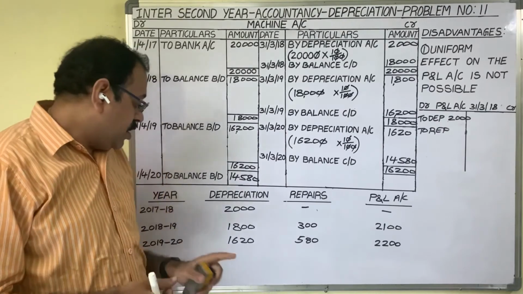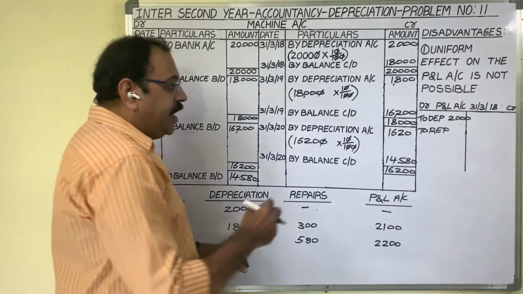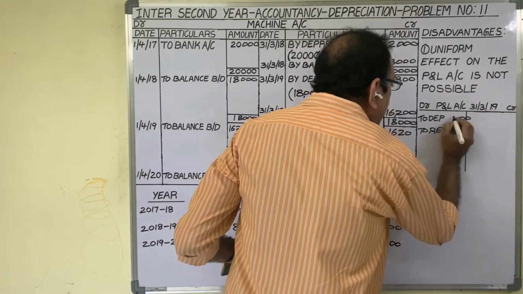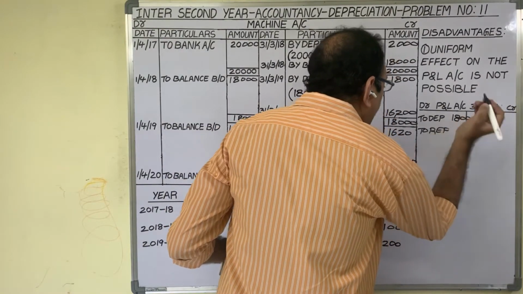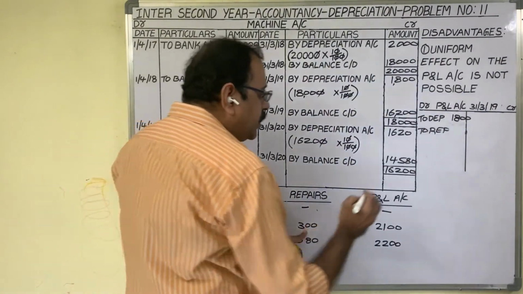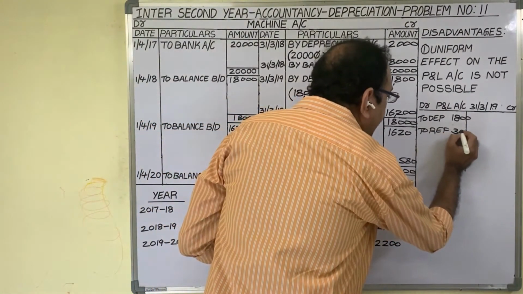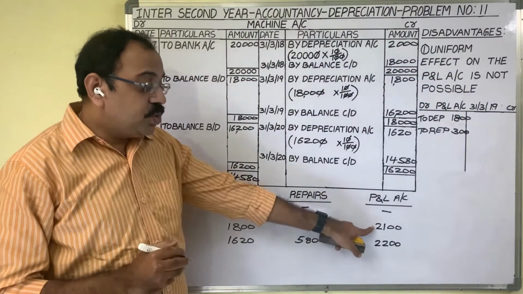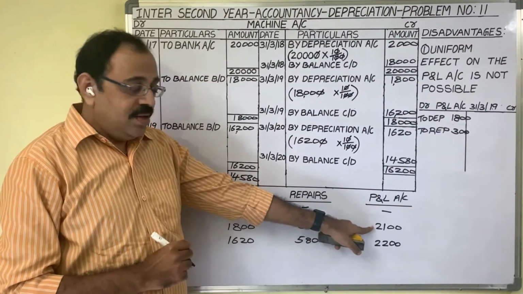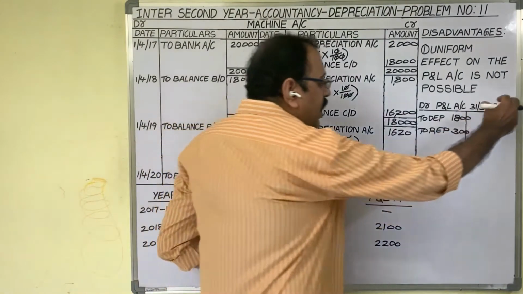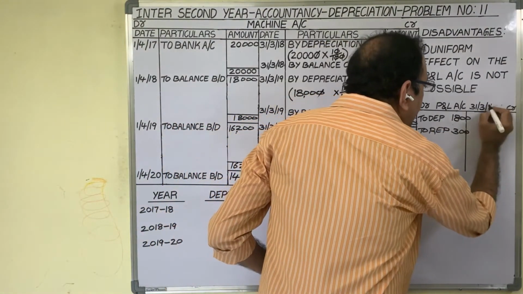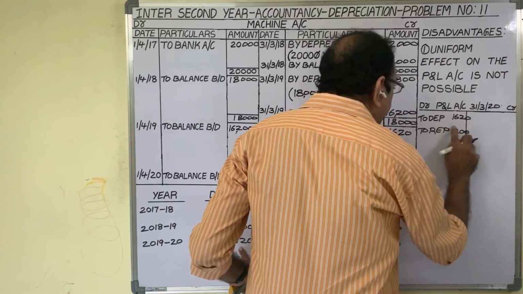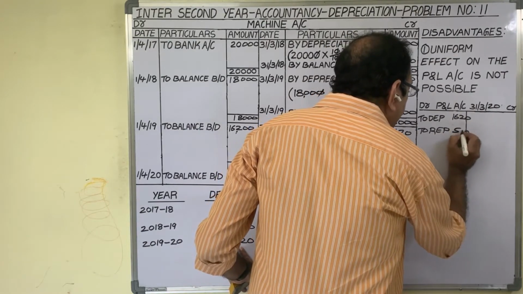Second year, on 31st March 2019, depreciation 1800 and repair expenditure is 300. So total burden on P&L account is 2100. Third year on 31st March 2020, depreciation amount 1620 and repair charges 580.